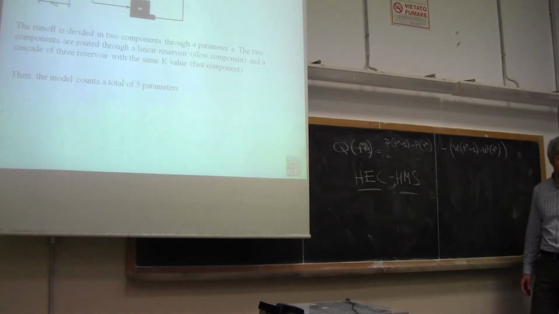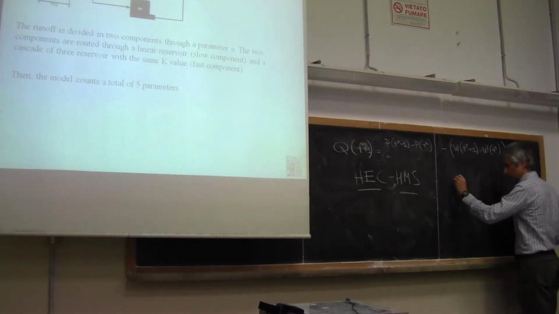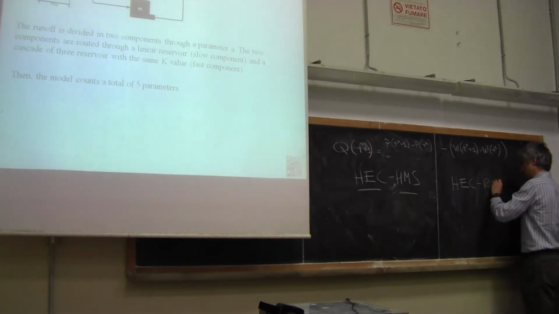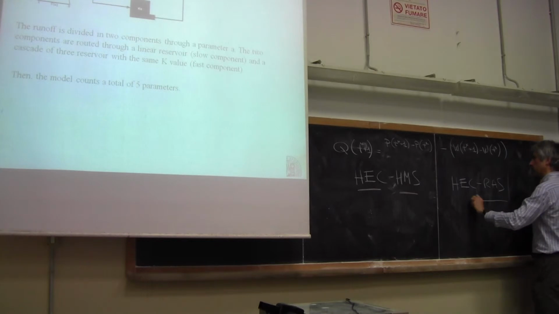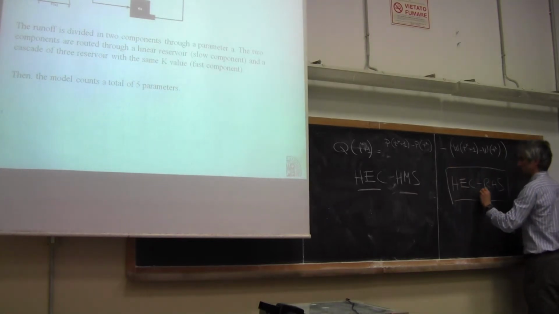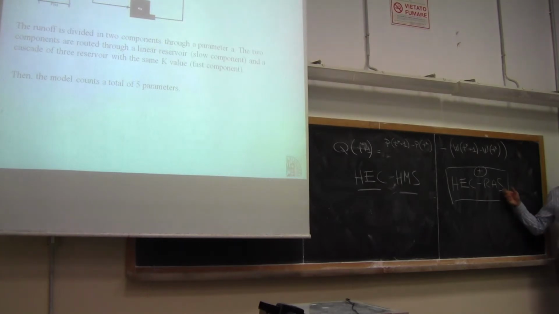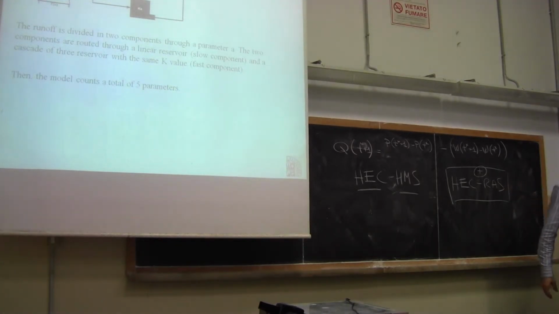Yes, the second one that I was going to mention to you is HEC-RAS. This one is much more important than the first, so I put a plus here. This allows you to compute river flow profiles, to compute the propagation of river flows along the river network. It is a subject that I'm not dealing with in this course, okay?